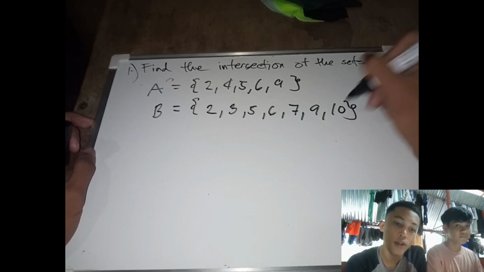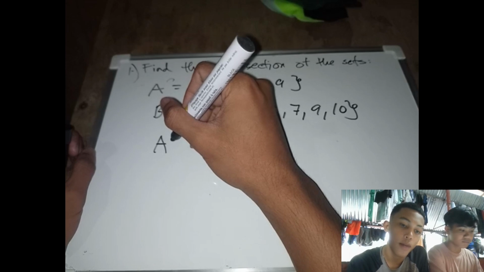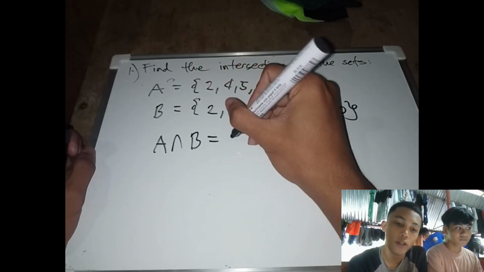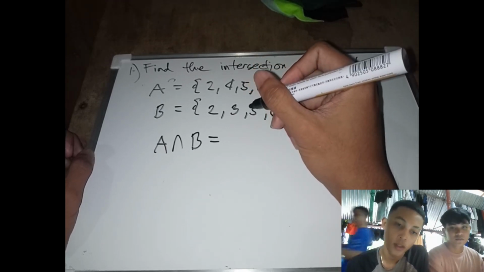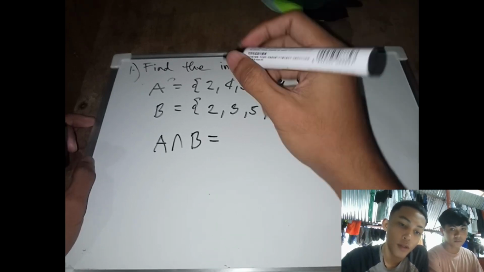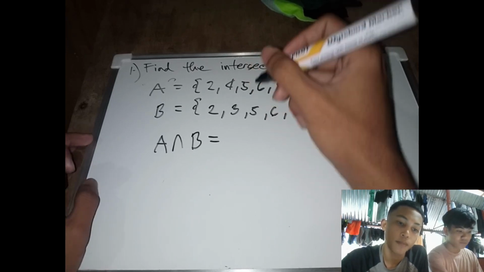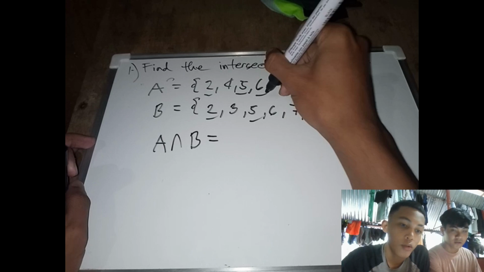So, what is the intersection of set A and B? How can we get the answer? To find the intersection, we need to find out which elements are common to both sets. So, both sets contain 2, they contain 5, 6, and also 9.